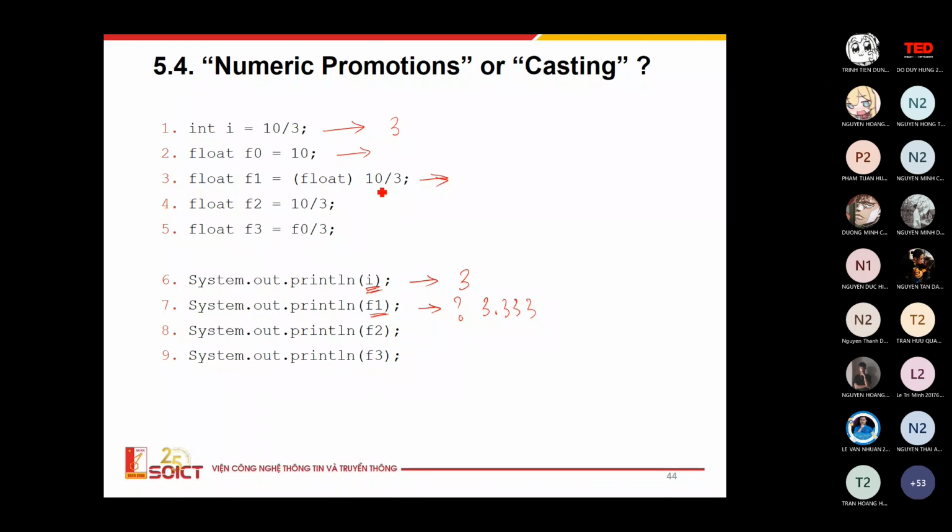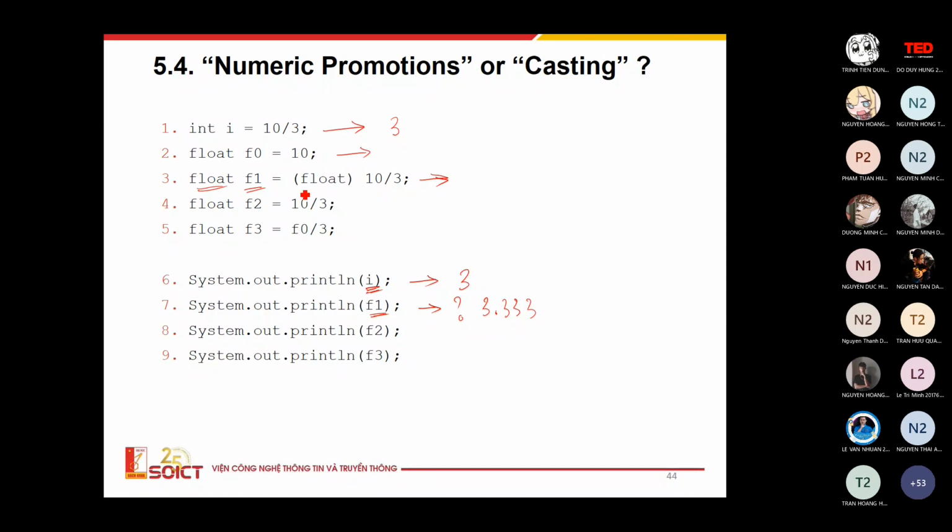In the third comment, first we declare a variable named F1 and its data type is float. And we assign it a value, the test variable converted to float.